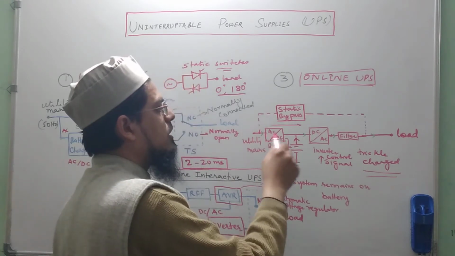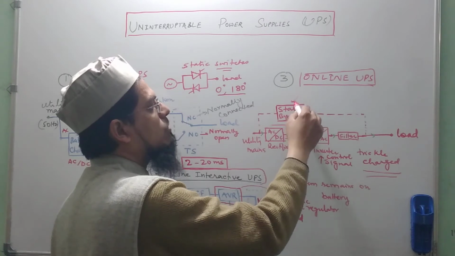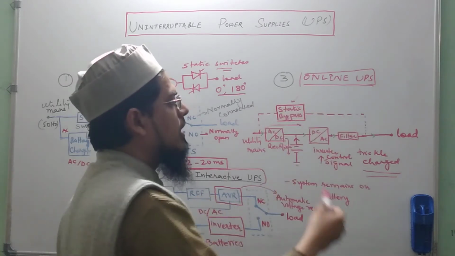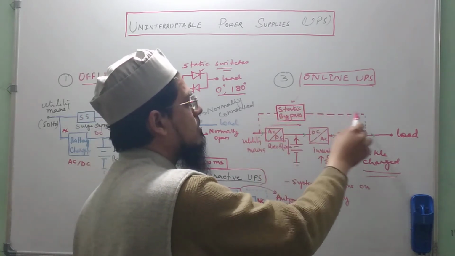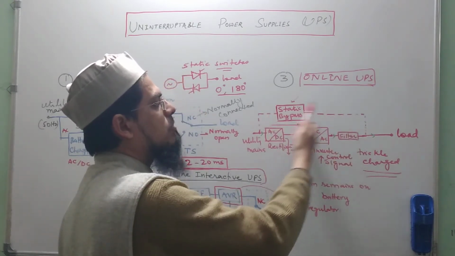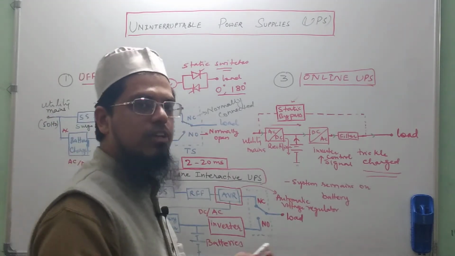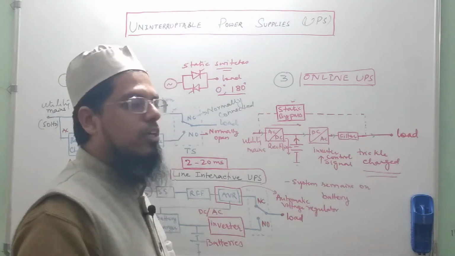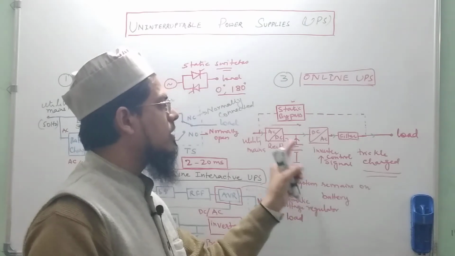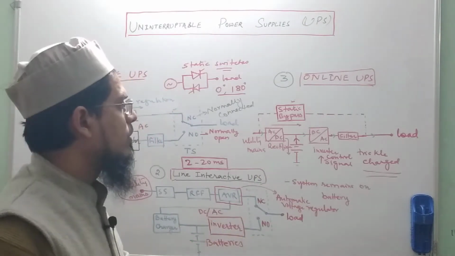Then what is done? We need to provide power to the load. So now this static bypass switch is turned on, and the utility mains start providing power to the load, and in the meantime this part of the circuit is taken care of, the fault is checked and it is rectified.